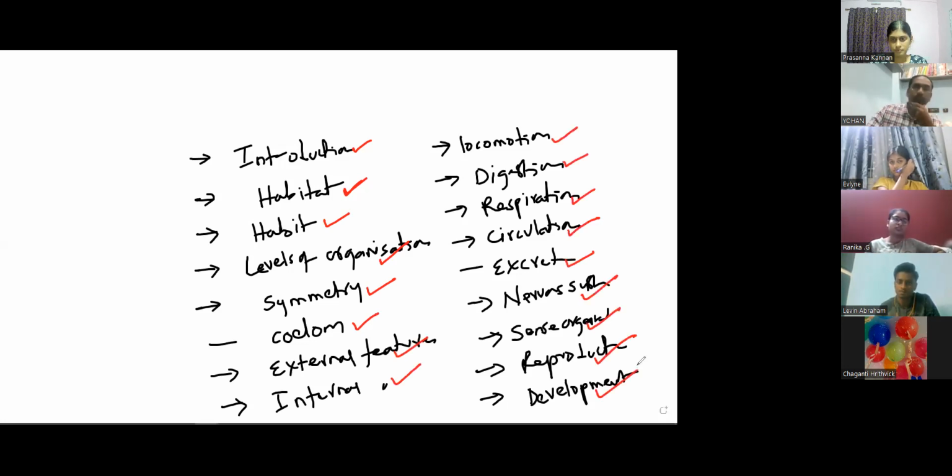This is the sequence we have to follow. I'll explain each and every phylum according to this sequence. Let us start with Porifera. See how simple the phylum is.